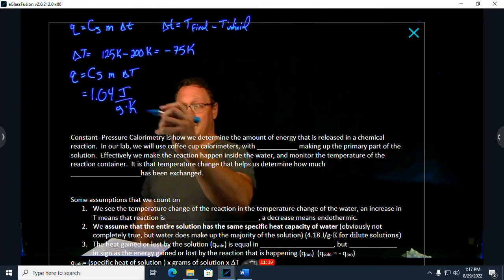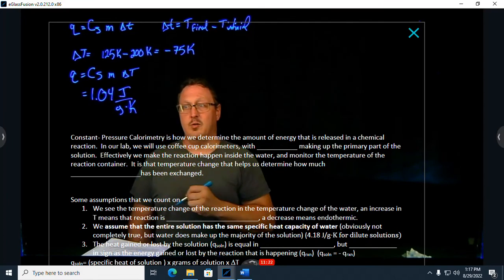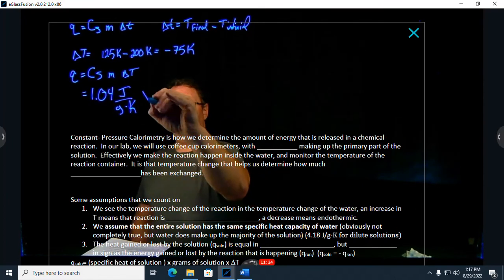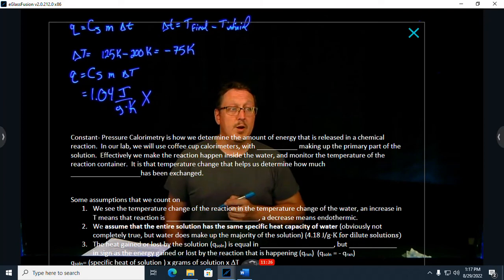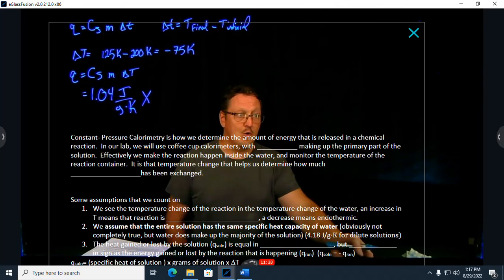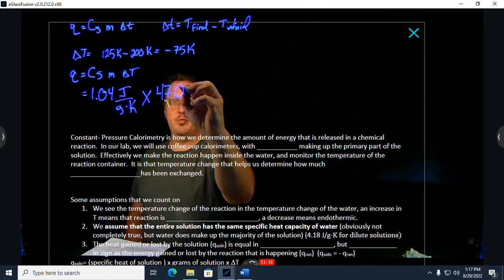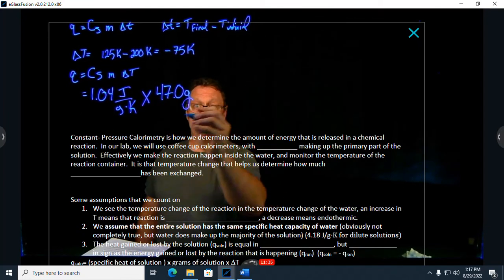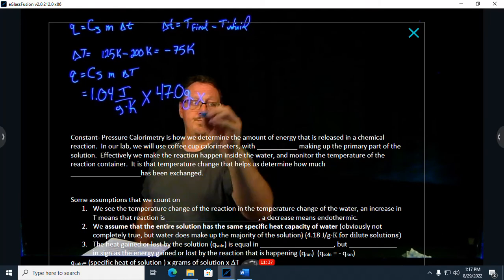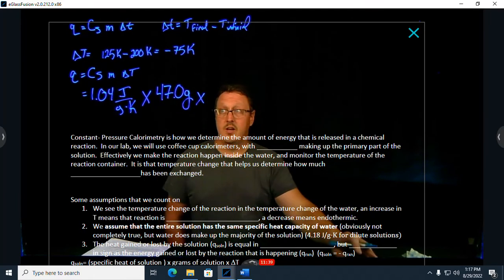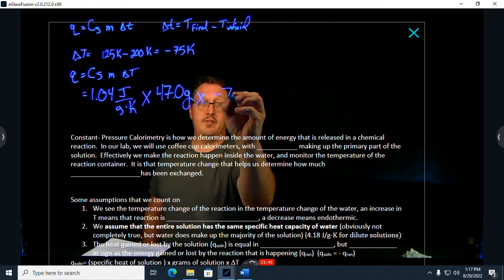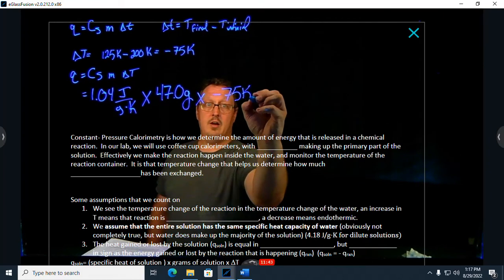So be cautious about that. So 1.04 times that. Now we need our mass. There were 47.0 grams of nitrogen gas, and the last thing we needed was our ΔT, which is negative 75 K.